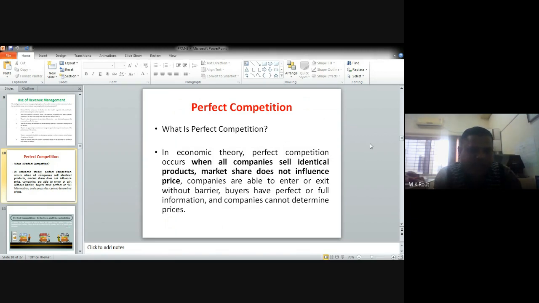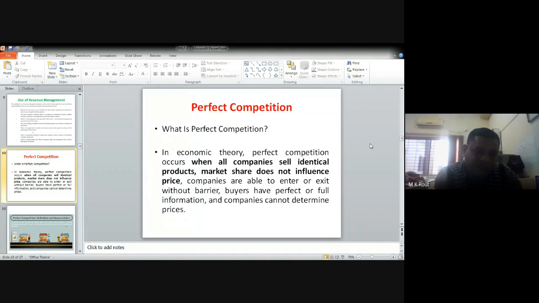The next important thing is that market share does not influence the price. If you see the market share of Umped, it has already surpassed around 500 crore of rupees. But the market share of Milk Moo has already surpassed around 750, or maybe 850 crore of rupees in the last financial year.